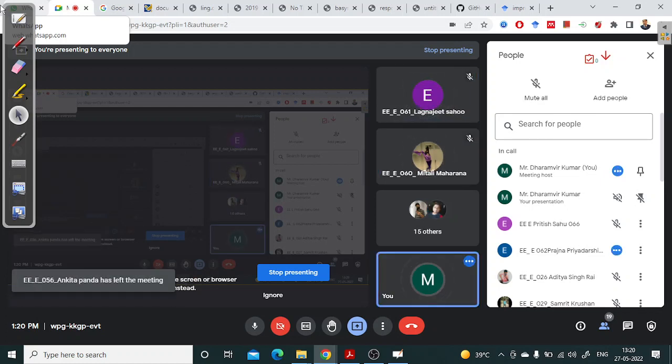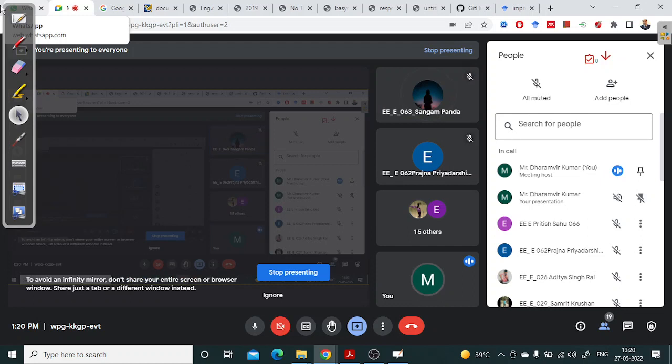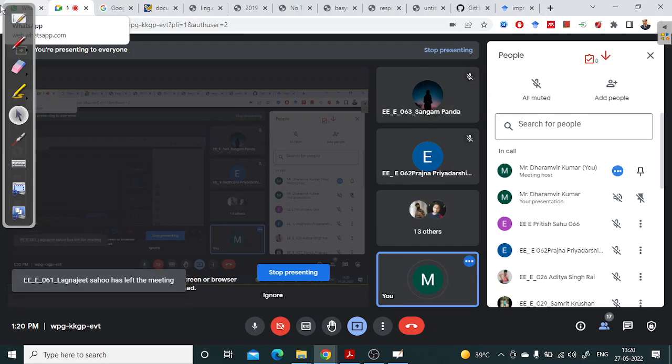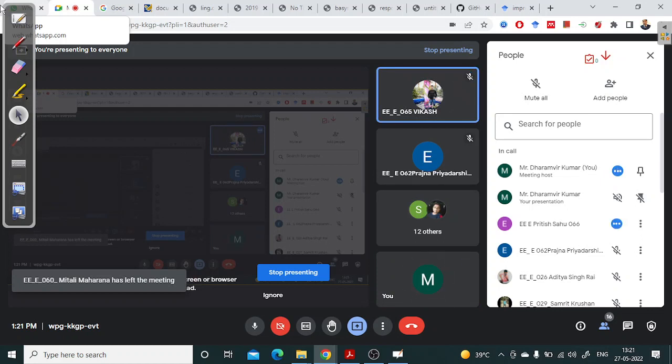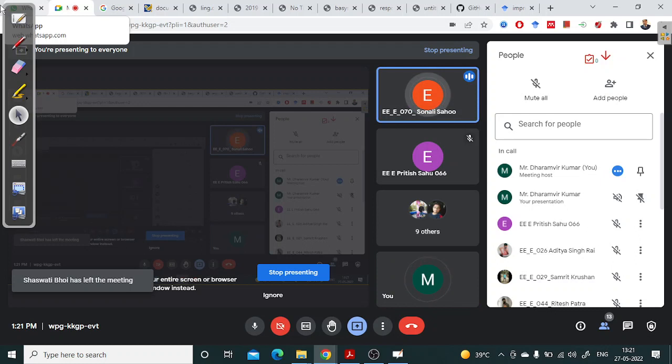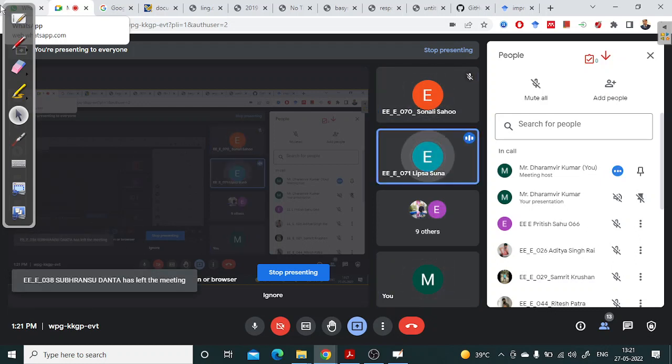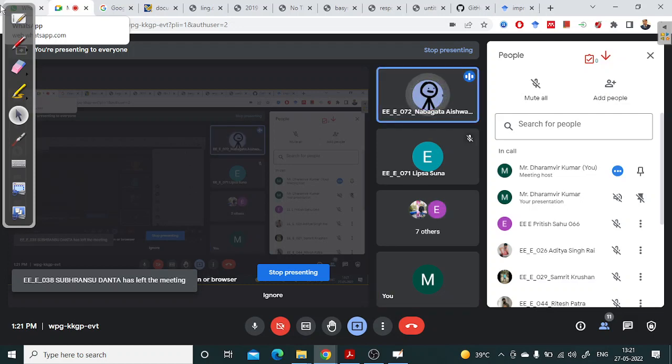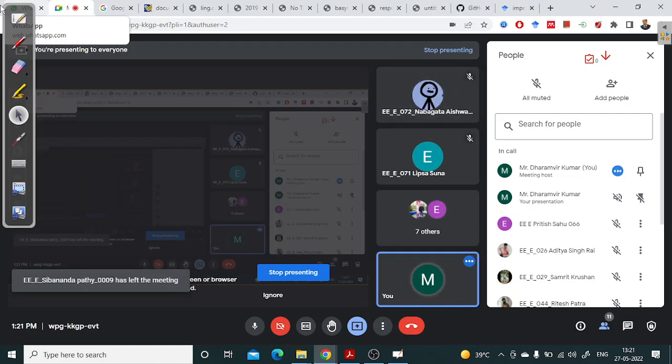Roll number 62, present, sir. Roll number 63, present, sir. Roll number 64, Shashwati, absent. Roll number 65, present, sir. Roll number 66, present, sir. Roll number 67, roll number 69, Prabhu, absent. Roll number 70, present, sir. Roll number 71, present, sir. Roll number 72, present, sir. And Pitambar, absent.